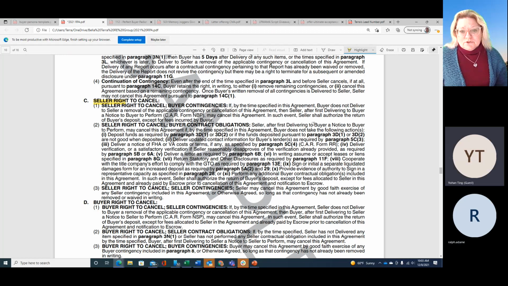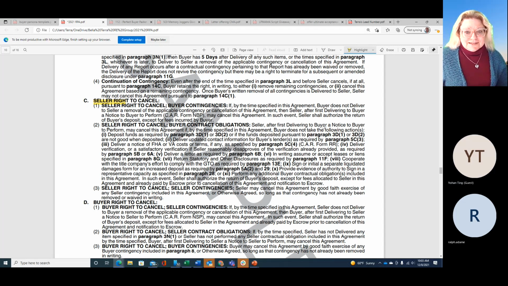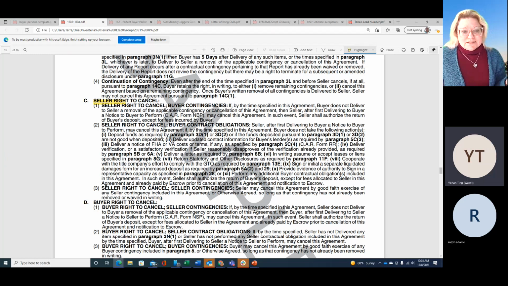The seller, after first delivering to buyer a notice to buyer to perform, may cancel this agreement if, by the time specified in this agreement, buyer does not take the following actions: Number 1, deposit funds as required, so that increased deposit in order to satisfy the obligations of the contract, or if the funds deposited pursuant to paragraph 3D1 or 2 are not good when deposited, so bad check, which is of course averted now with the wiring being the default method of transfer.